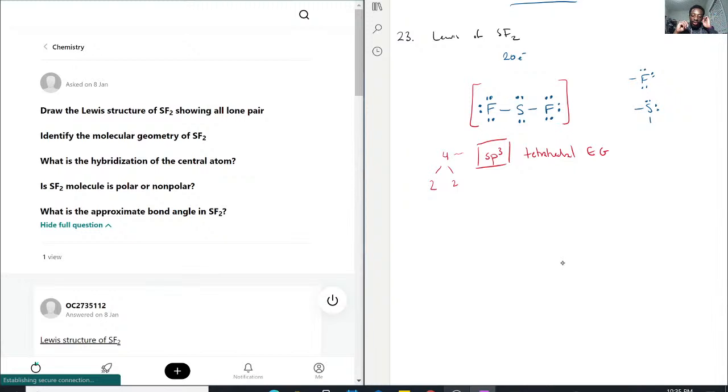And now they're asking the molecular geometry. Because there are 2 lone pairs and 2 bond pairs, we can actually say the molecular geometry is bent. What do I mean? Just like oxygen, this is what sulfur would look like.